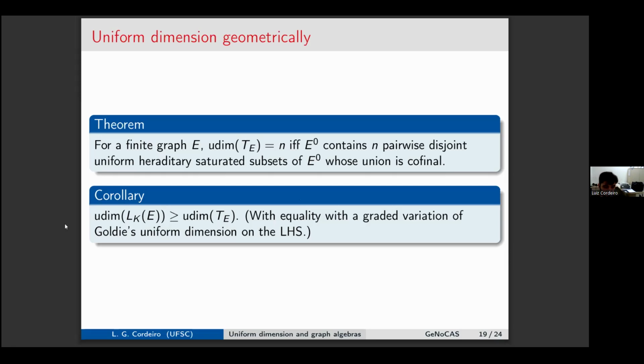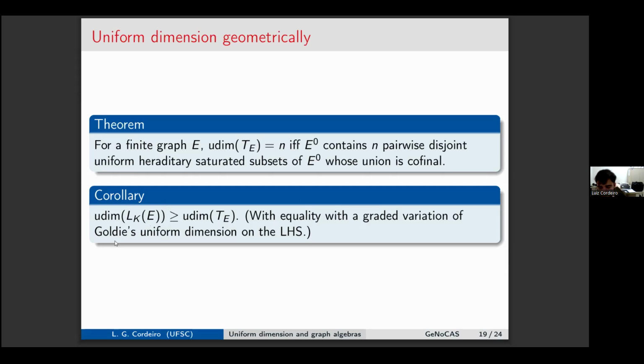And here, the uniform dimension of L_k(E), the Leavitt Path algebra, is seen as a left module over itself, not over the field K. So Goldie's definition is analogous to that for monoids with annihilators.